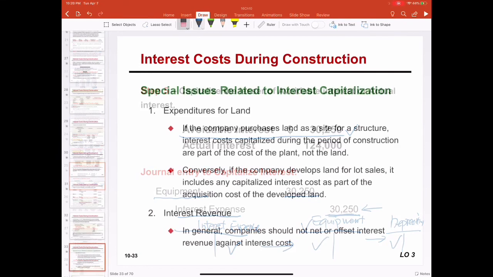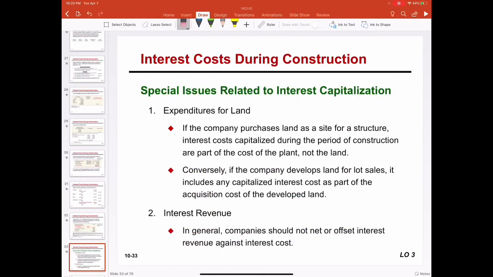of the building. There are some special issues related to interest capitalization. If the expenditure is for land not for resale, used as a site for construction, the interest cost should be capitalized as part of the plant, not the land. However, if the land is for resale, the interest should be capitalized as part of the acquisition cost of the land.